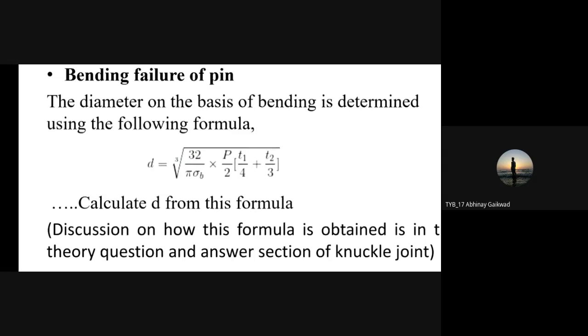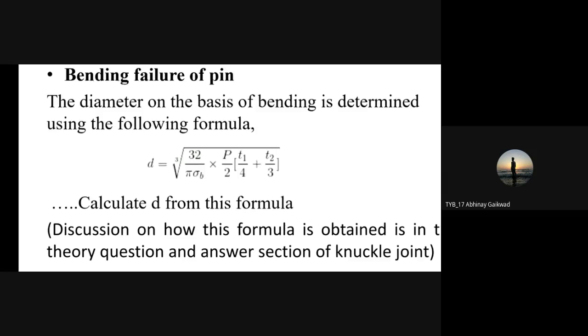So when we consider this sigma b value, that sigma b value is nothing but the tensile stress value only, because at the upper side, where tension is generated, that will be the maximum tensile stress which will get generated when the pin undergoes bending. That's why sigma b is nothing but the allowable tensile stress value that we have put here.